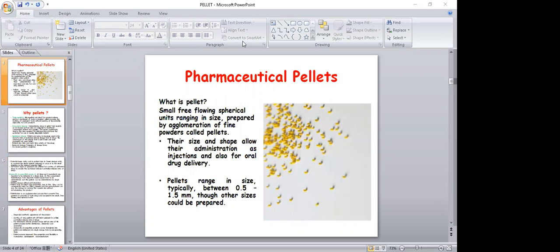So first, in introduction, what is meant by pellet? As we know, a pellet is a solid dosage form. It is a small, free-flowing spherical unit ranging in various sizes, which is prepared by agglomeration of fine powder.